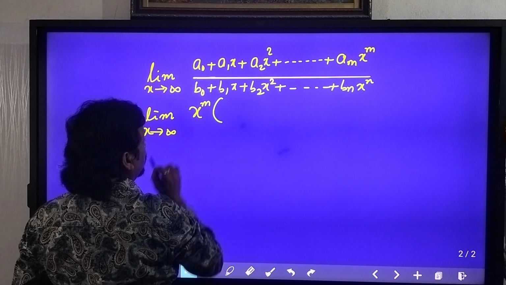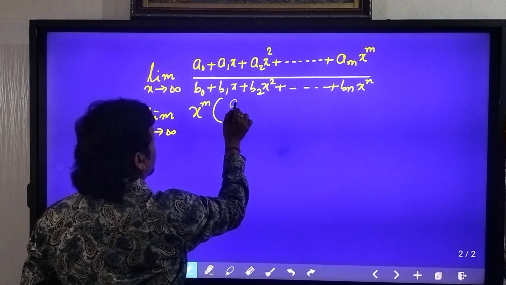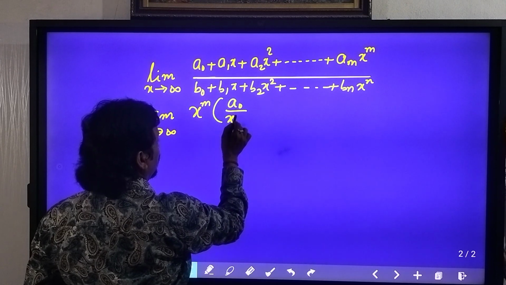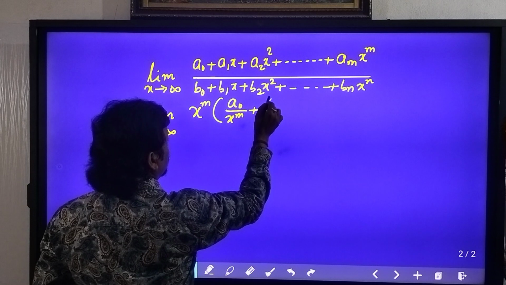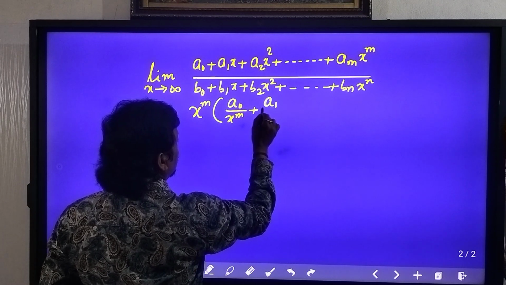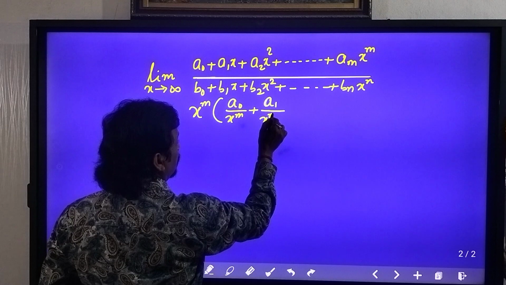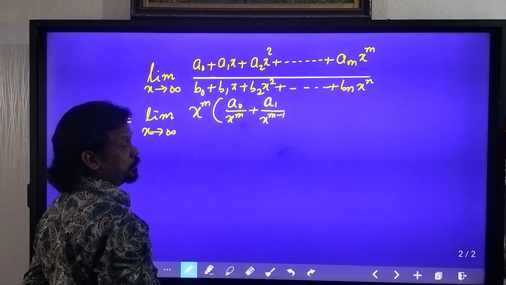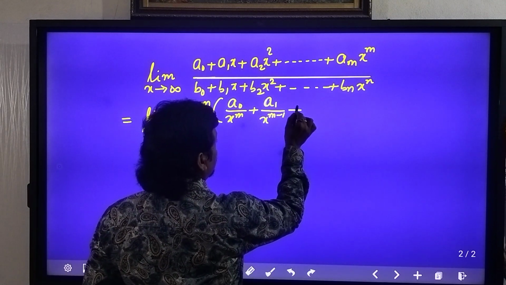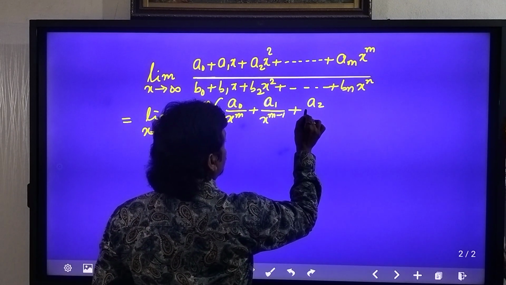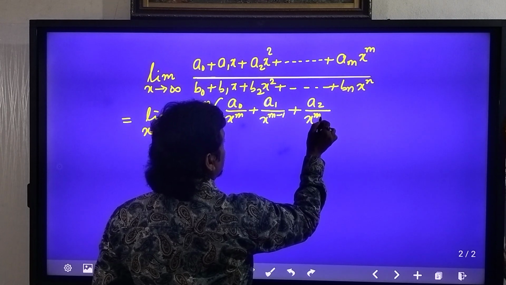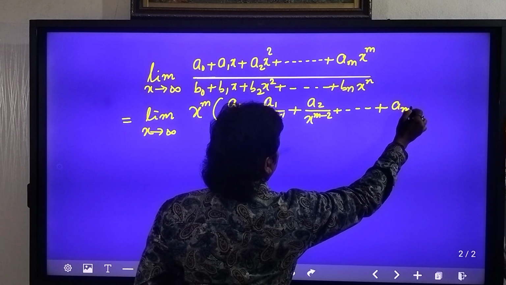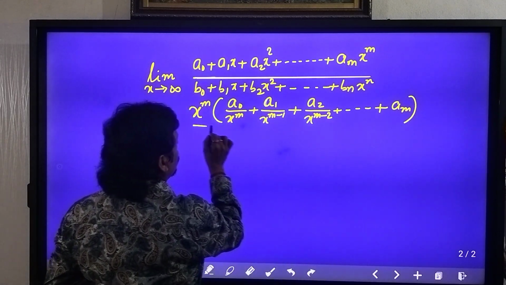If I take x to the power m common, then this will become a0 divided by x to the power m plus a1 divided by x to the power m minus 1, because x will cancel out from the numerator, plus a2 by x to the power m minus 2, and the last term will be am. Clear?